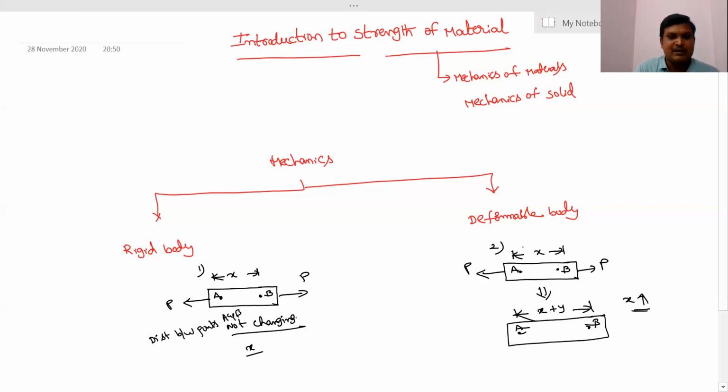So rigid body means when you apply a load on any member, the distance between the two points does not change, and that mechanics is called rigid body mechanics.